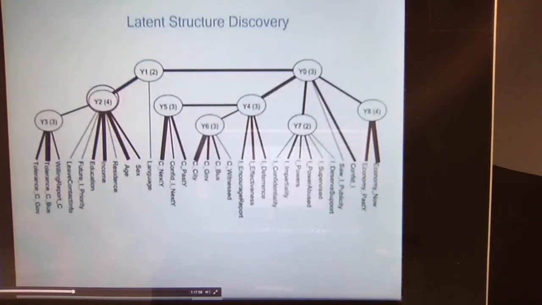You have the age, income, education. The second one is obviously about people's tolerance towards corruption in government, tolerance towards corruption in business, and whether you're willing to report corruption. The link between them is meaningful because people from different backgrounds may have different attitudes toward corruption.